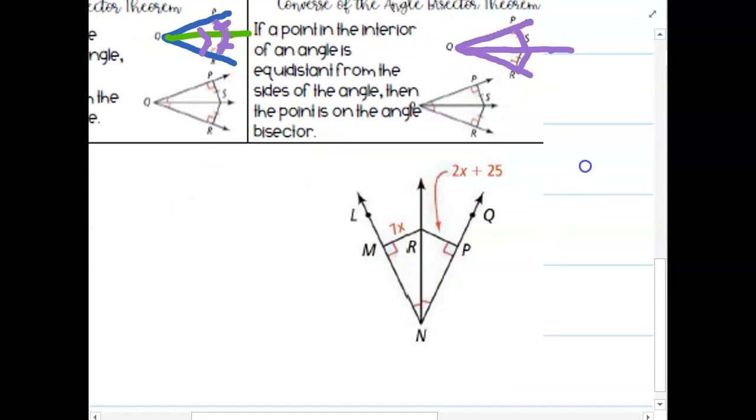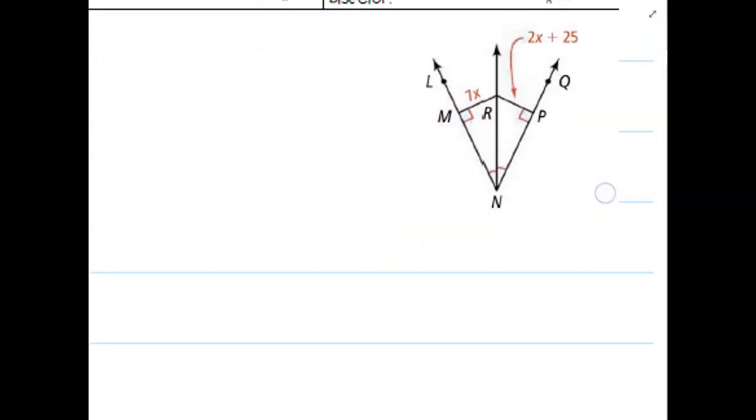And we can use that to help us solve for some missing sides here. So like this one right here, okay, I have this big angle, angle LNQ. I know that ray NR bisects angle LNQ. I know that it bisects it because it tells me that those two angles are congruent. Okay?